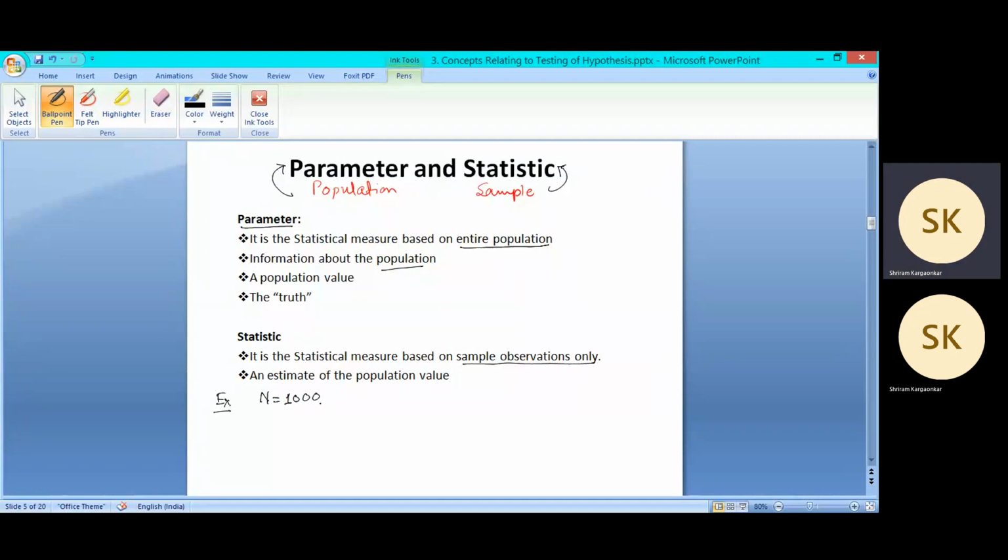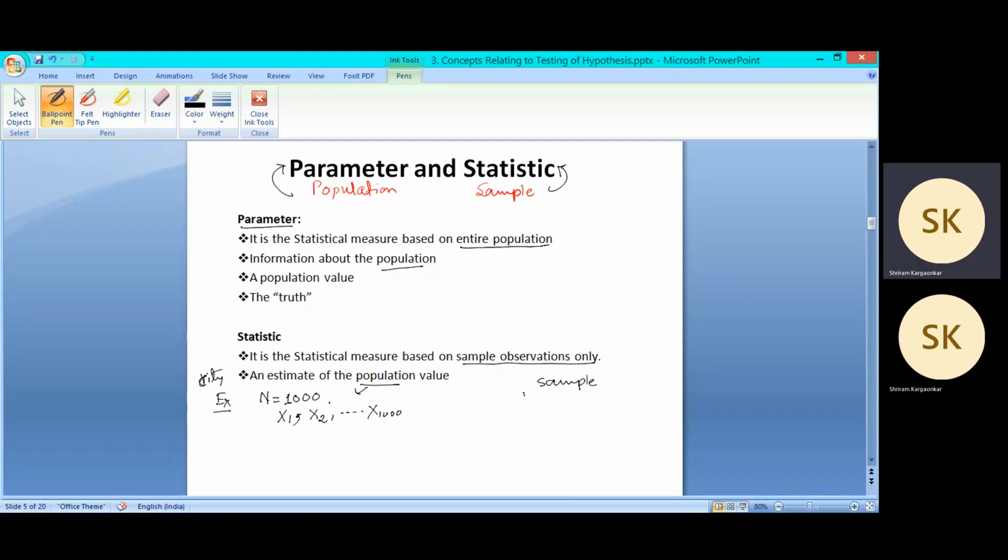In a certain village or city, there are 1,000 people. This is a population. In response to a certain question, these are the objects: X1, X2, up to X1000. This is the population, and then I take a sample.